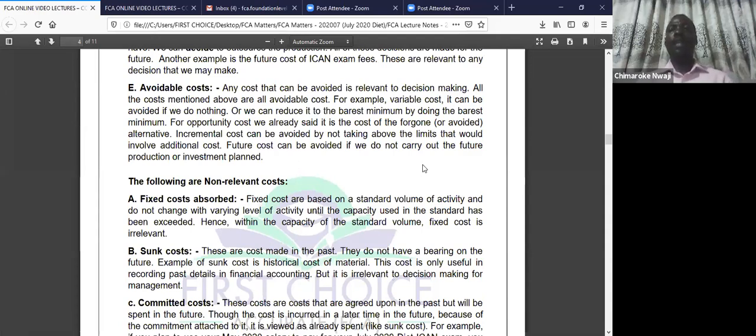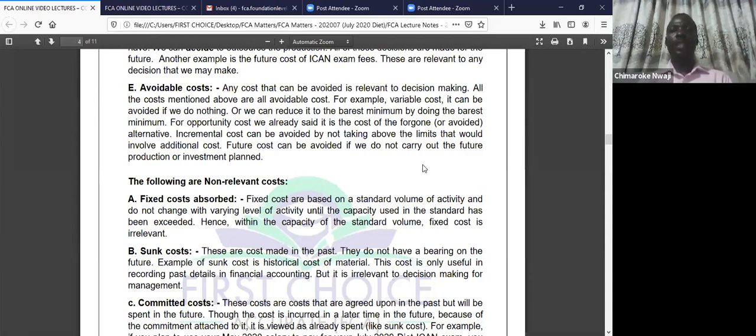You can decide that you are not going ahead with it. You have aborted the plan. And so future costs not spent already are avoidable costs. All of these can be referred to as relevant costs. So we've mentioned five things that we can know as a relevant cost.